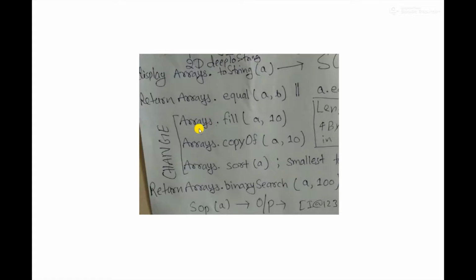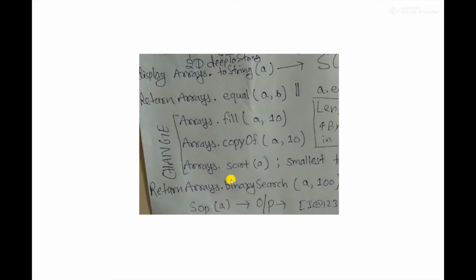And here are some more. Arrays.fill, and copy copies one array to another array up to 10 values of the first array where we are copying from. Arrays.copyOf will create a new array rather than simply taking a reference of another array.